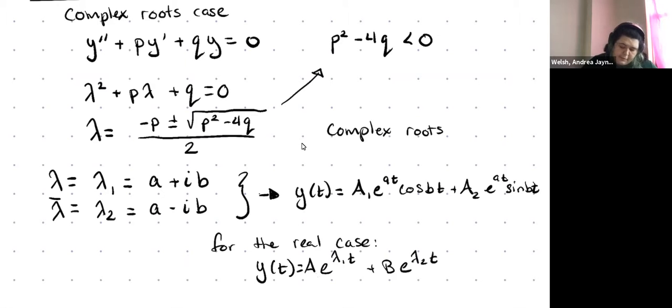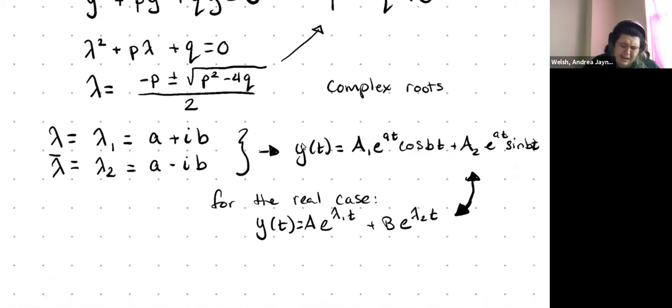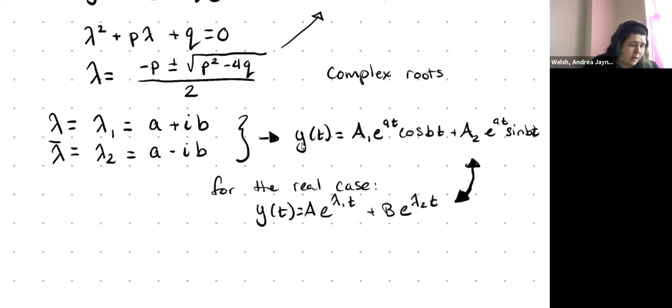So it's not very clear how we go from this case to getting sines and cosines. The sines and cosines aren't coming from nowhere, so let's take a look at how we actually get those.